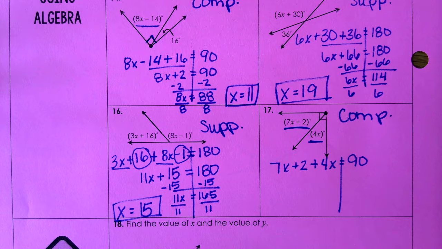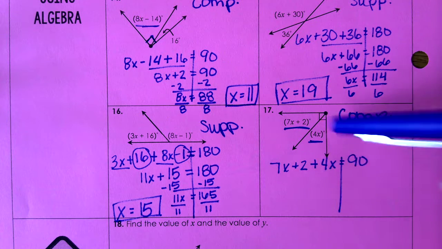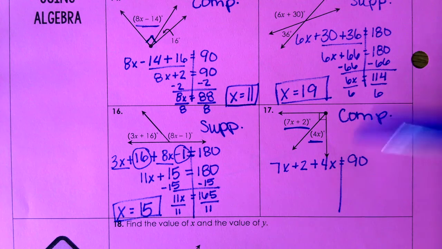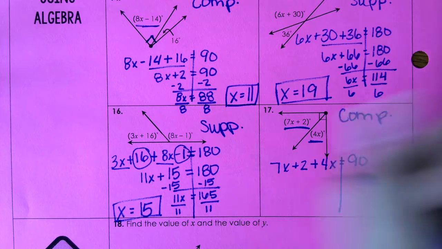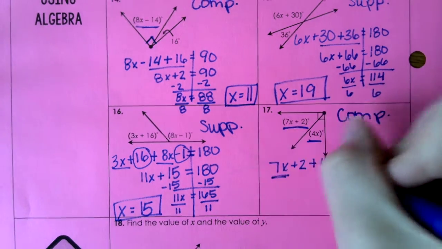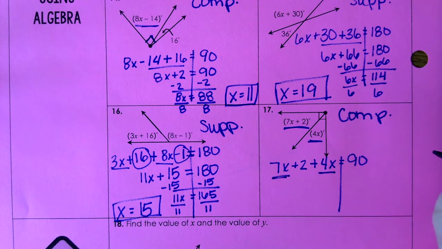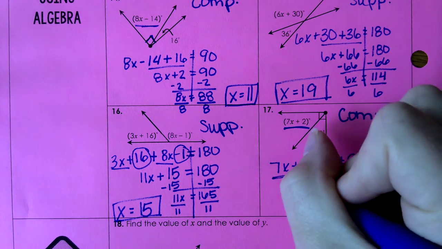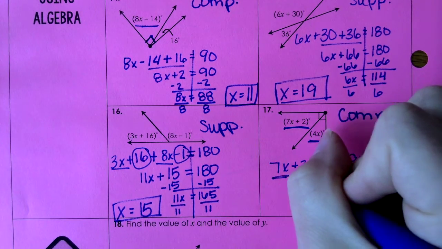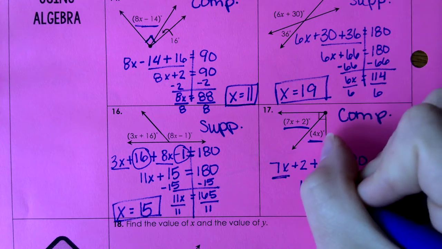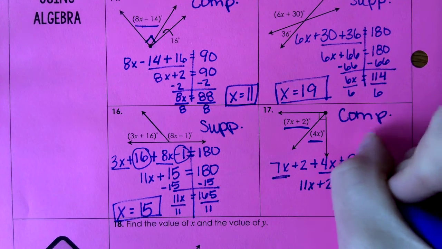What on this side has things that are similar to it? They both have x's, so what's 7x plus 4x? How many x's do I have now? 11x plus 2 equals 90.